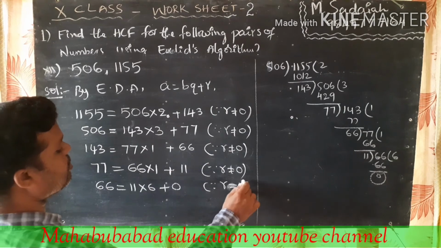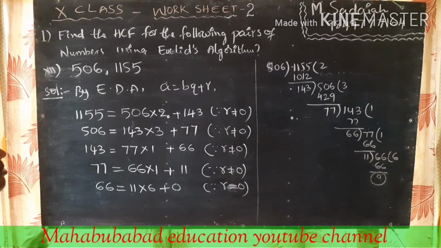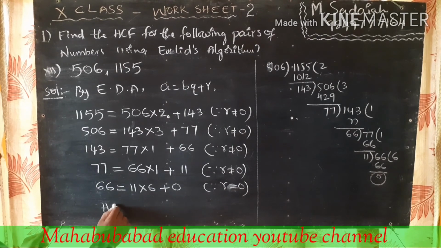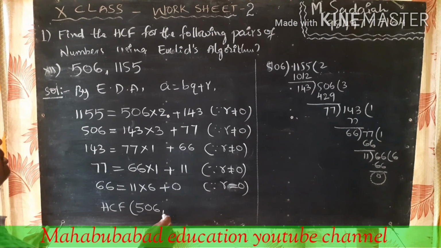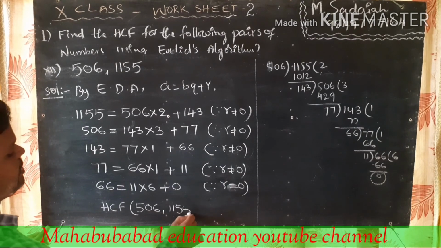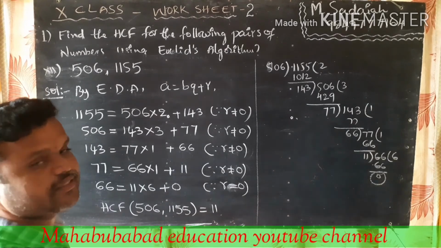R is equal to 0. So for the divisor 11, we got the remainder 0, that is the HCF of 506, 1155, which is equal to 11. Hence the solution.